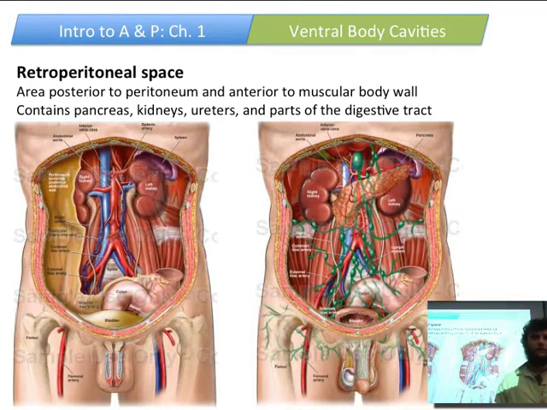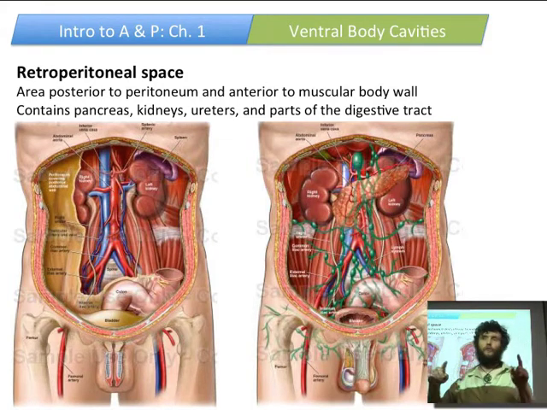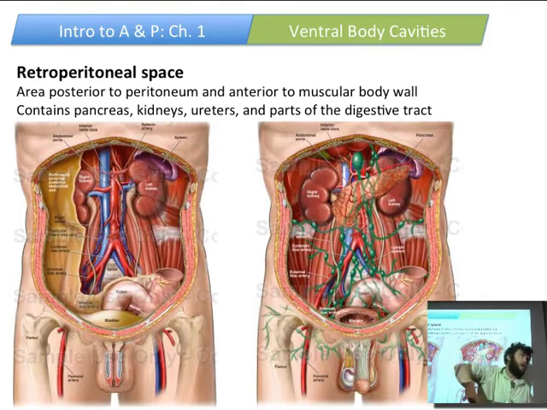All of the organs in your abdominal cavity are covered in visceral peritoneum, except the kidneys. The kidneys are in what is called the retroperitoneal space. They are outside of the peritoneum. Your kidneys don't really move that much. Don't need to be covered in that much peritoneum.